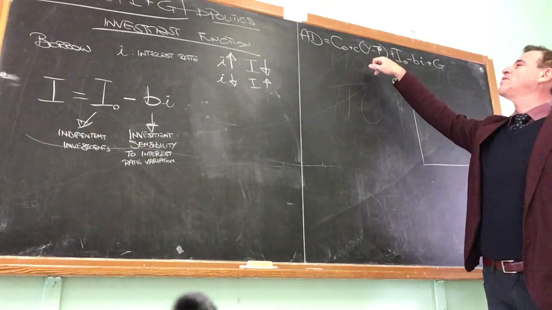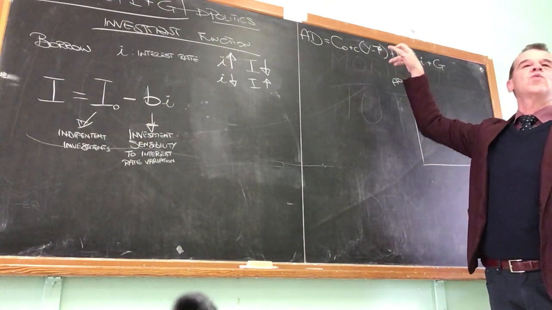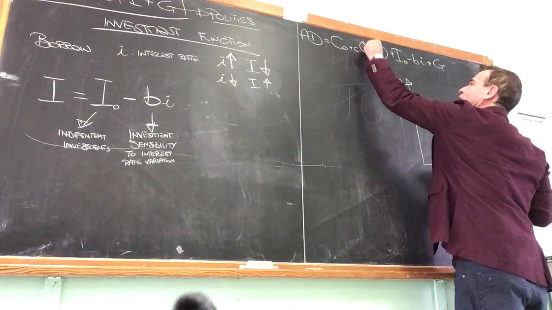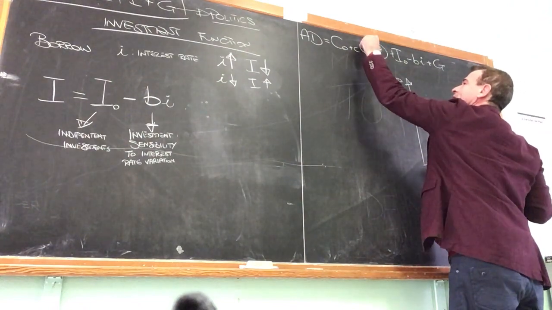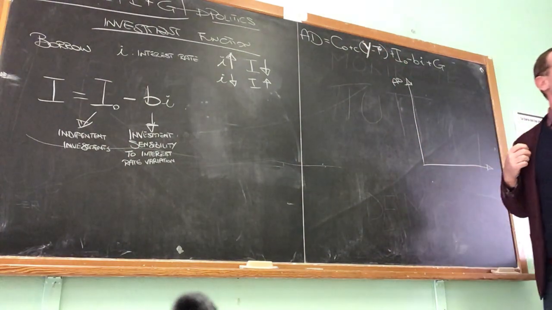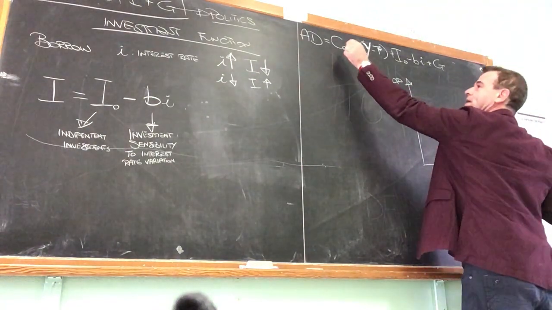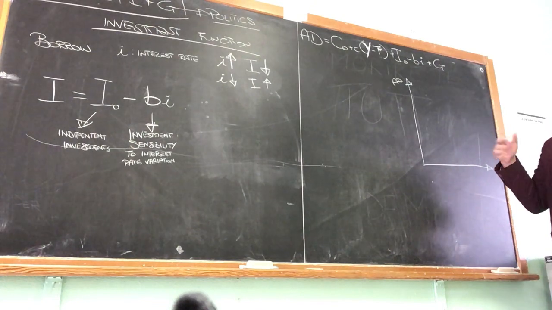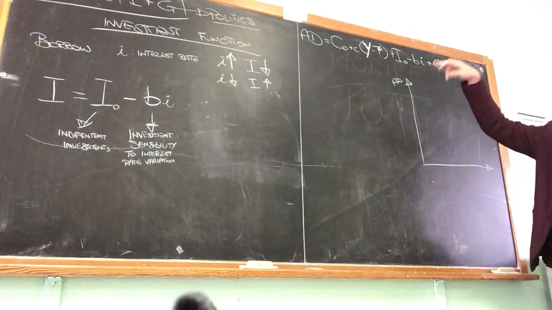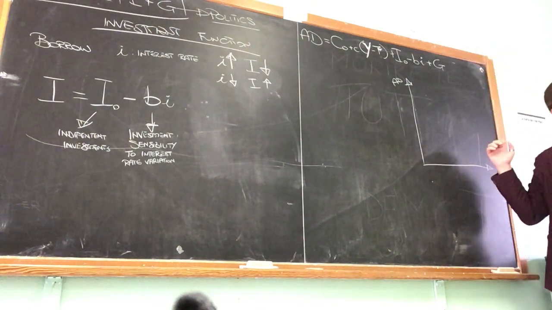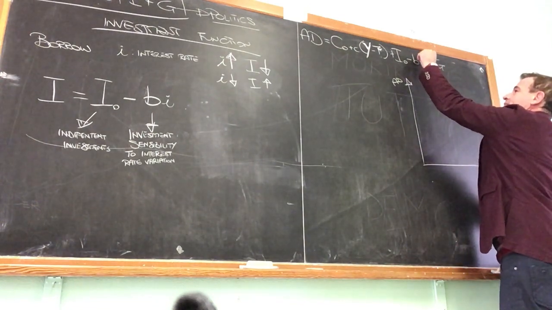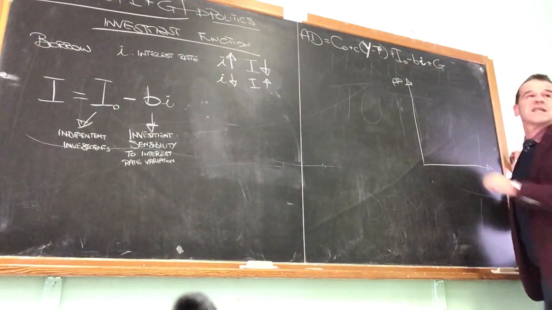In the consumption function, what was the parameter? Income. Correct? Because this was a number, this was a number, this was a number. In the interest function, what was the parameter? Interest rate. This was a number, this was a number.